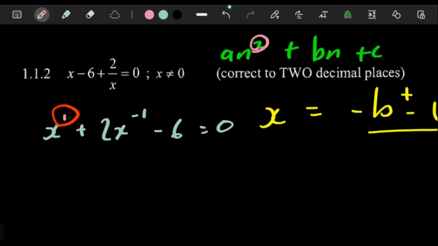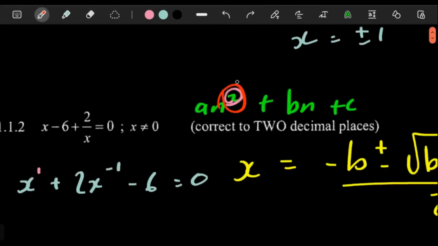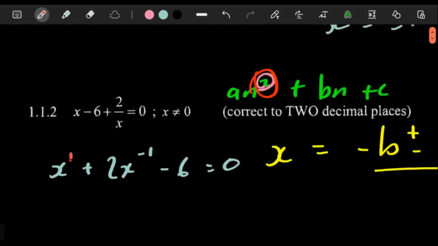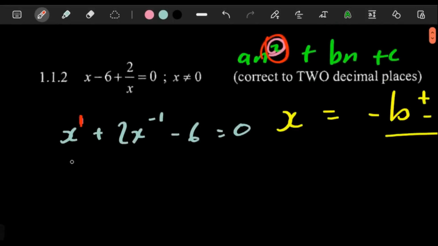The only number that you will multiply by 2 to give you a 1 is a half. So once you know that, you can write this as x to the power of a half, and then you put it to the power of 2, because a half times 2 is what's going to give you this 1.